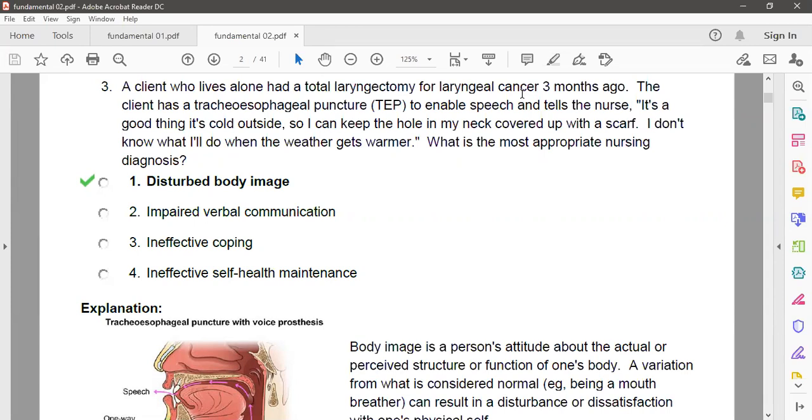So I said, if anybody is diagnosed with laryngeal cancer, saving life is most important. Then we will talk about the coping mechanism and body image.